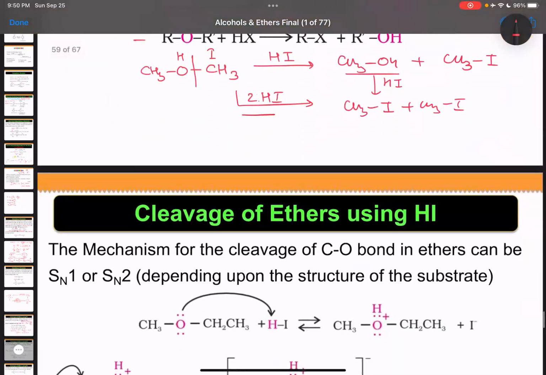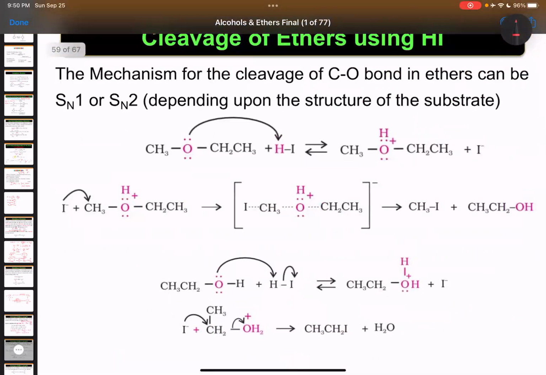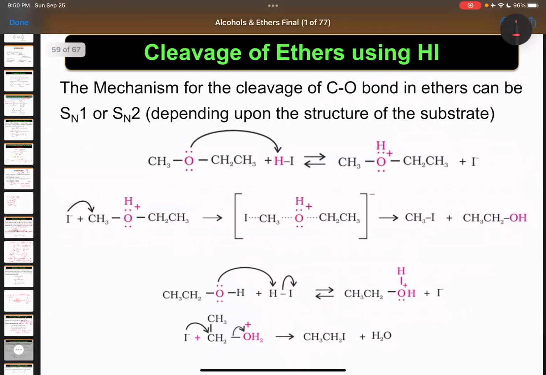So how does this cleavage occur? You have two alkyl groups. The HI actually gives H plus, which protonates oxygen, and I minus will attack the smaller alkyl group in this case, because it is not going to form a cation. So the smaller alkyl group will be attacked. So CH3.